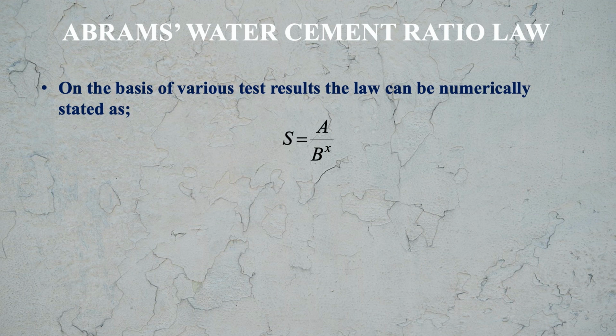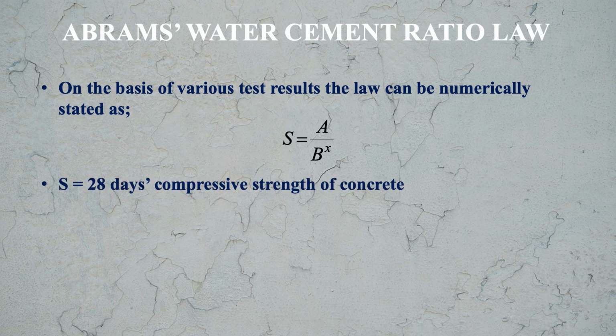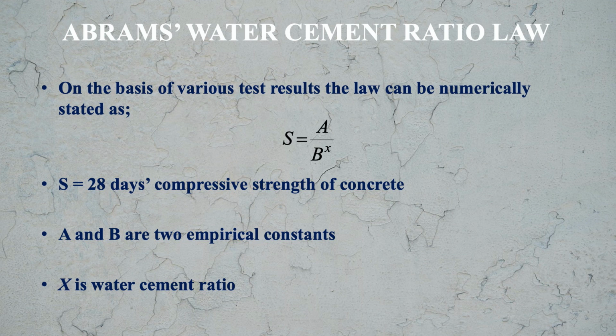On the basis of various test results, the law can be numerically stated as S equal to A upon B to the power X. Here S is the 28 days compressive strength of the concrete, A and B are two empirical constants, and X is the water cement ratio.